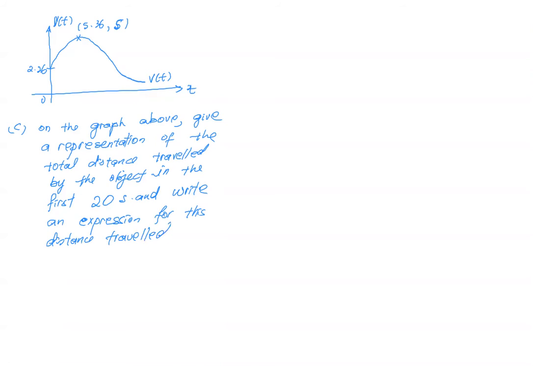So how are you going to do it? There are two parts. Have you got that? So total distance traveled is the area bounded by the VT graph.